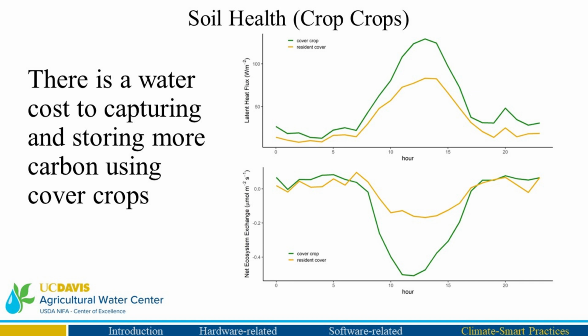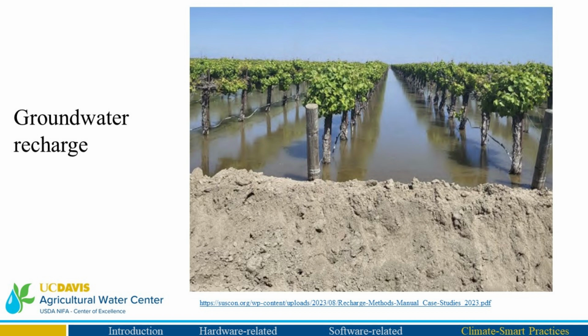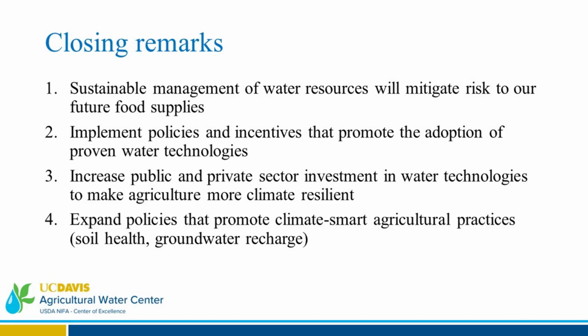We are capturing more carbon in the atmosphere and fixing that carbon in the soil, which helps our soil to hold more water, okay? And of course, groundwater recharge. This is not a solution for everywhere, but with climate change, you swing between flooding and dry periods. If we can capture some of this excess water, store it and use it during dry periods, I think we'll have more resilient water systems.